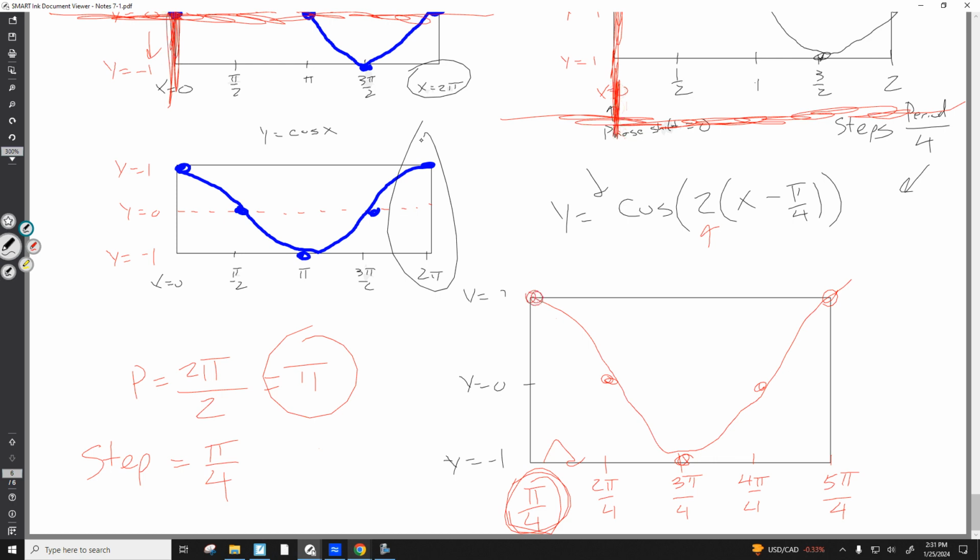You divide by 2. So I take that 2 pi, I divide it by 2, but I also shift it over pi over 4. So all of those points there, you divide by 2 and you add pi over 4. That's all you do. You just shift the numbers.